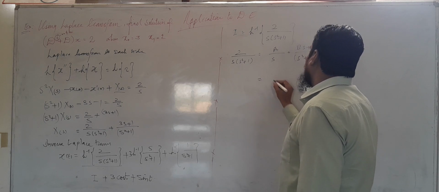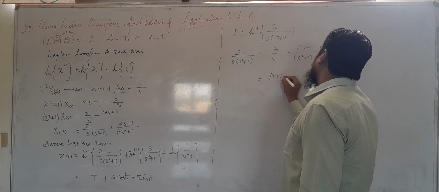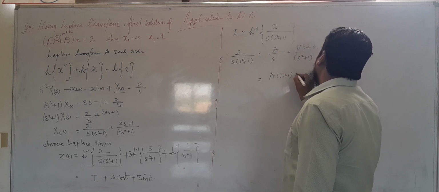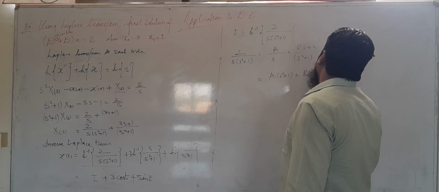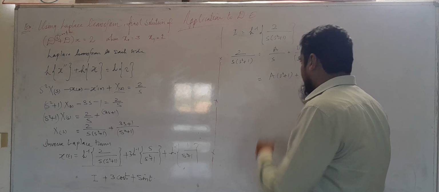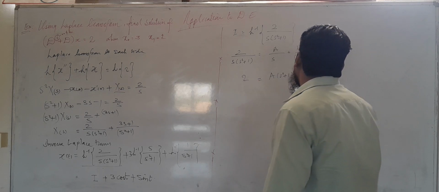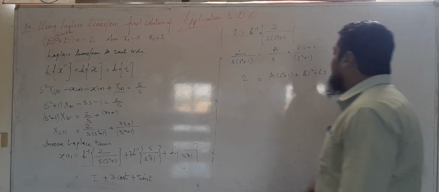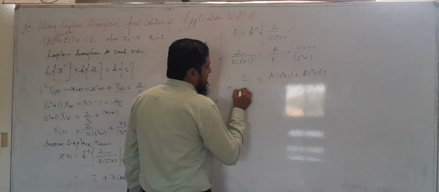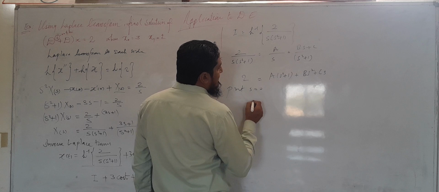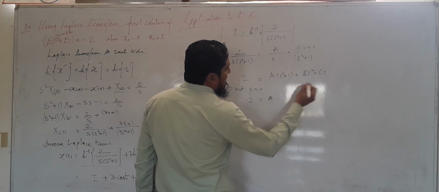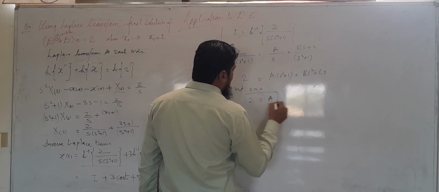So we will get A into s square plus 1 plus Bs square plus Cs equals 2. Putting s equal to 0, we will get A into 1 equals 2, so A is equal to 2.